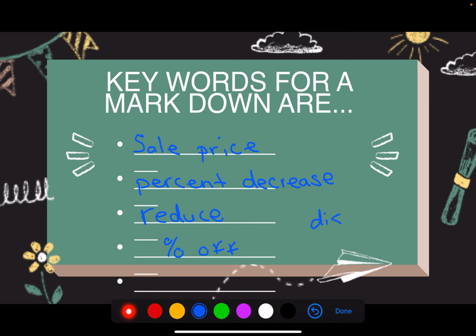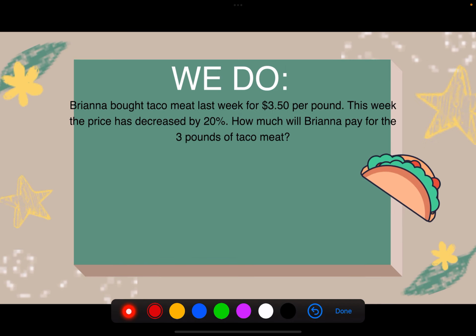Maybe even discount. Those are all keywords. Some of these keywords were on the note slides, so 2 slides back you saw all those words. So all those are our keywords. And then we added reduce and percent off.